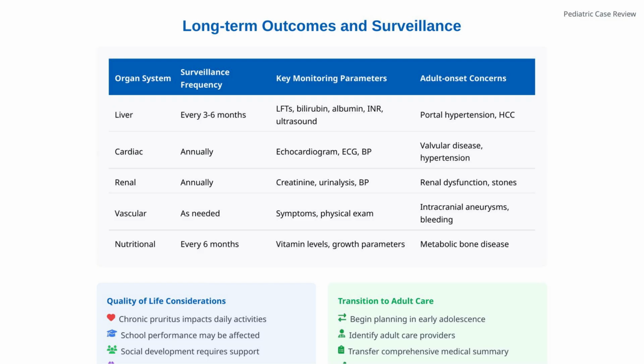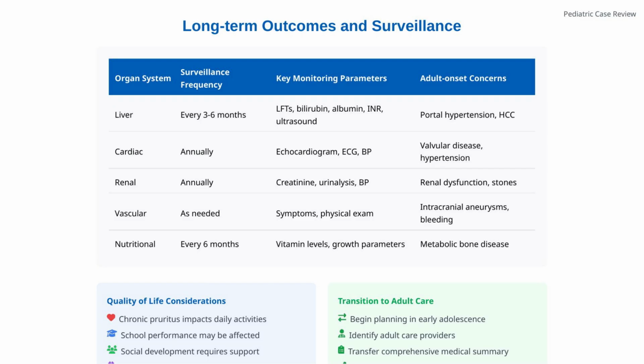Cardiac surveillance should be annual with echocardiogram, electrocardiogram, and blood pressure monitoring, watching for valvular disease and hypertension in adulthood. Renal surveillance annually includes creatinine, urinalysis, and blood pressure, with concerns about renal dysfunction and stones. Vascular surveillance as needed based on symptoms and physical examination, with adult concerns including intracranial aneurysms and bleeding.